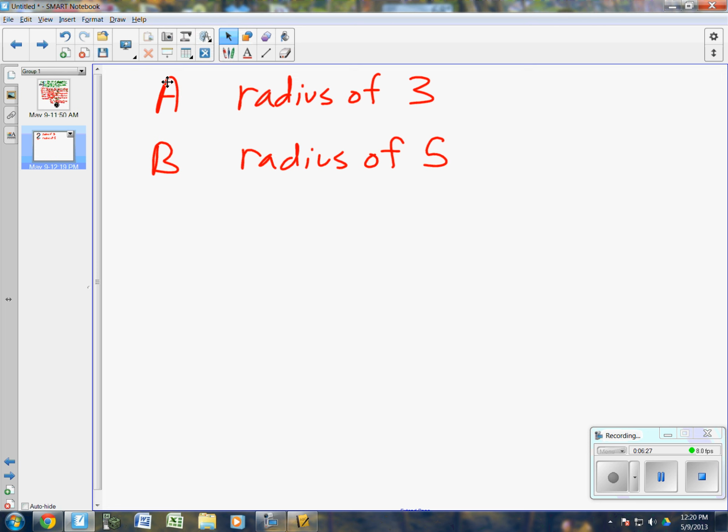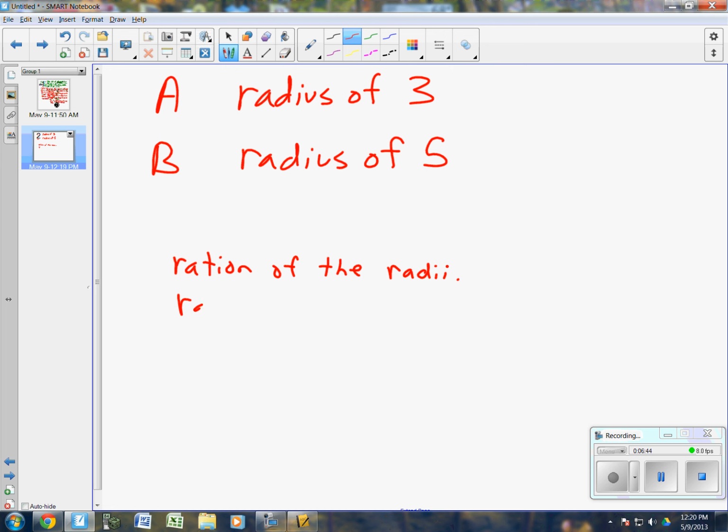Okay, A has a radius of 3, and B has a radius of 5. What I want you guys to do is take the ratio of the radii. I didn't mean to put ration, I meant to put ratio.